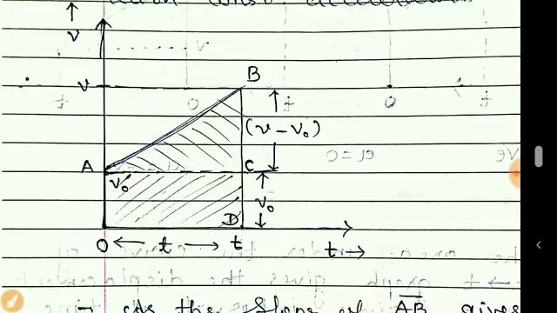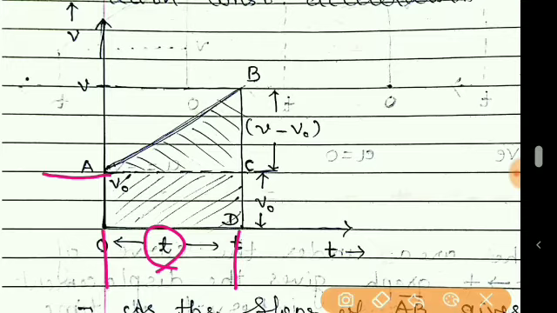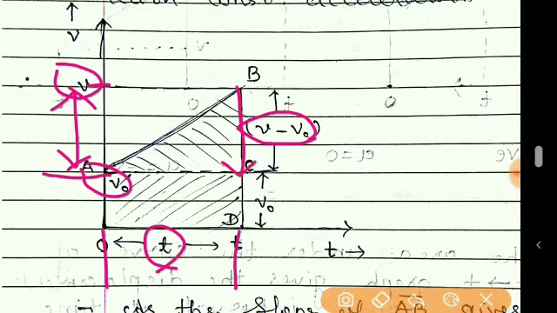So from the graph it is clear that during the time interval 0 to t, the change in velocity will be final velocity minus initial, so that is v minus v naught. You can see this much distance is nothing but the change in velocity.